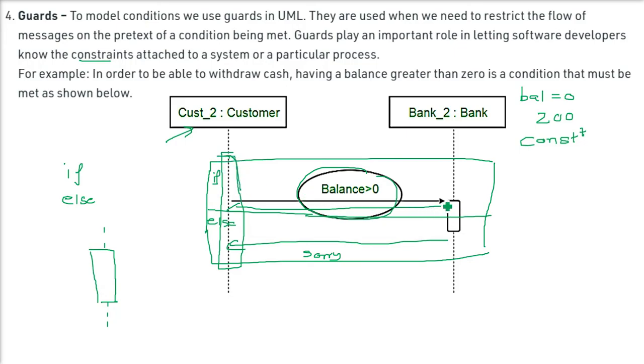That is called the activation bar. It shows for how much time this object is active in the lifeline, the time in which this object was actually having a life.